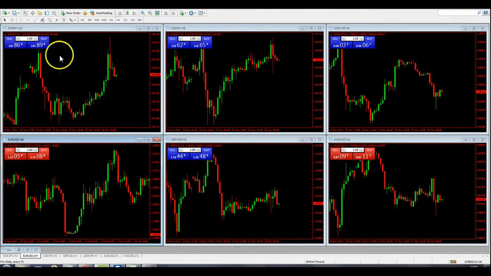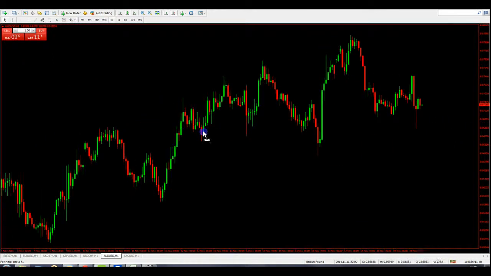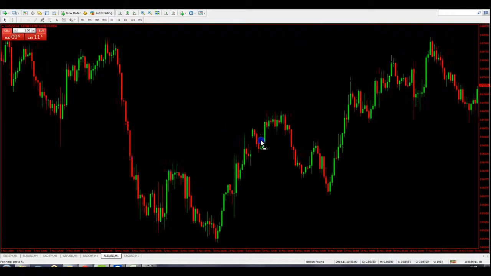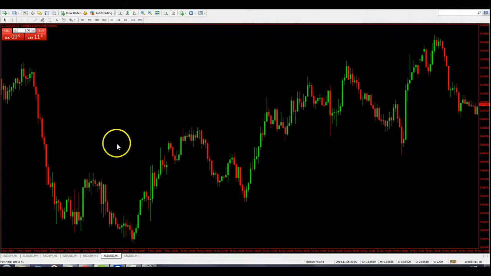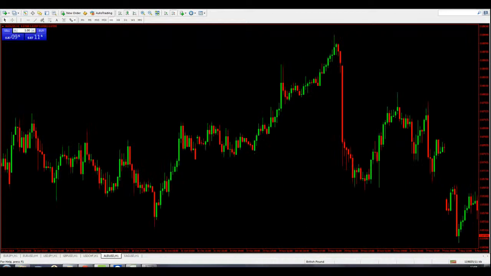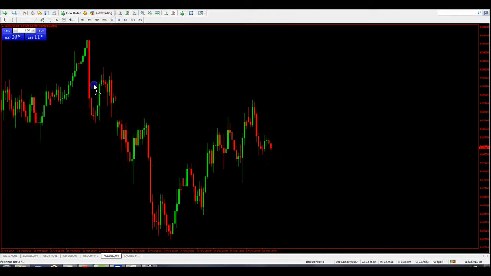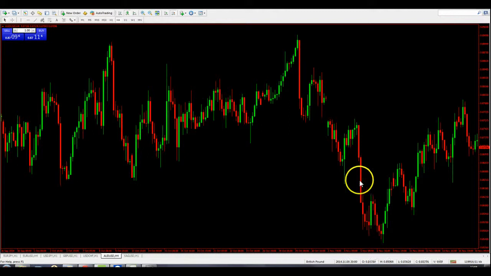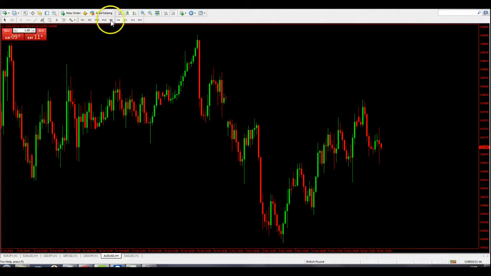Let's find another, something that's a little bit more smooth. Aussie dollar. Okay, so let's just have a look at the longer term. Bit choppy there, and from this period we're down and then up.